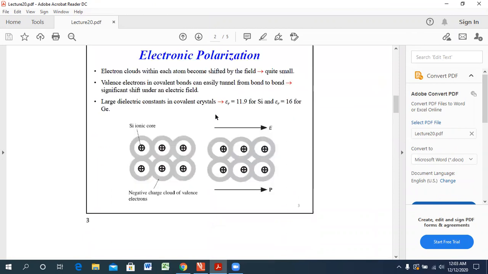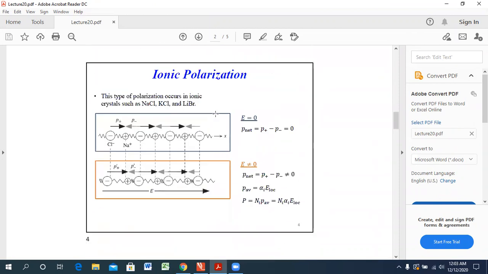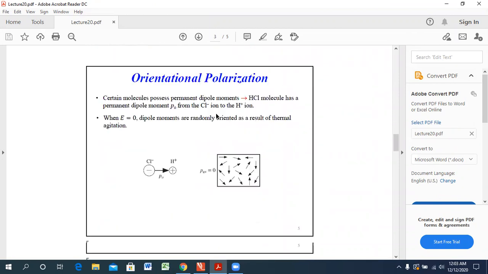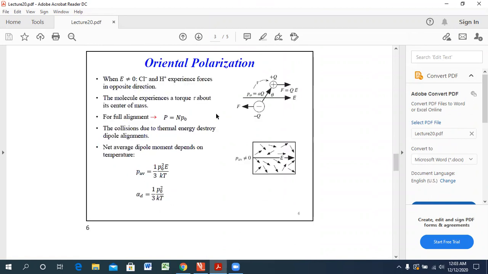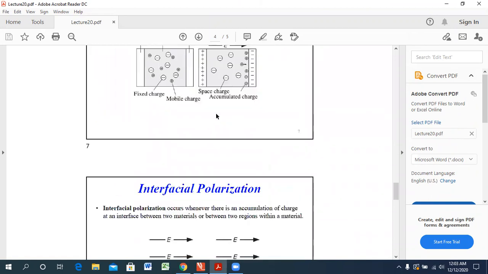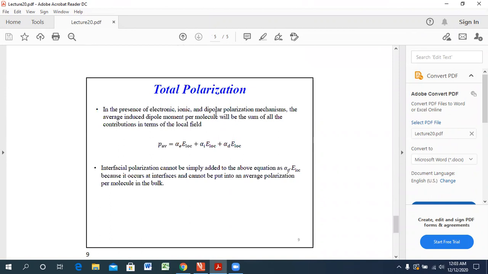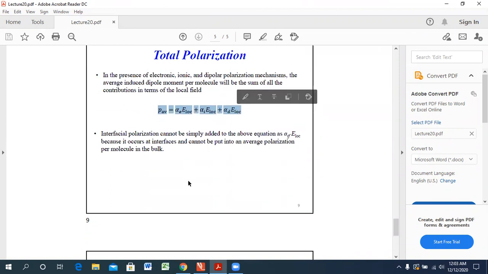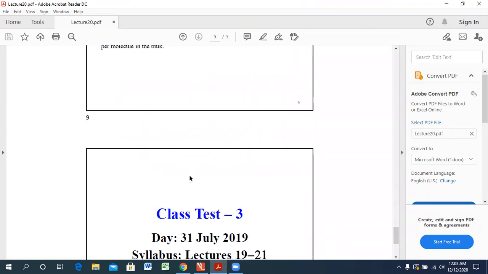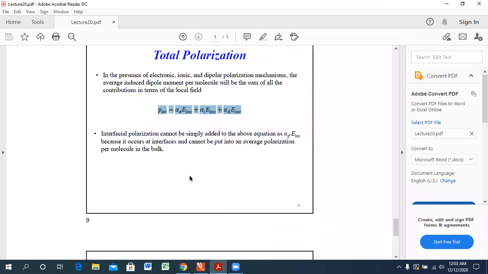Next, the electronic polarization, then the ionic polarization and orientational polarization, then the interfacial polarization, and this is the total polarization. If anyone wants to, you can go through this lecture. These are the notes. I will also upload these in your Google Classroom.